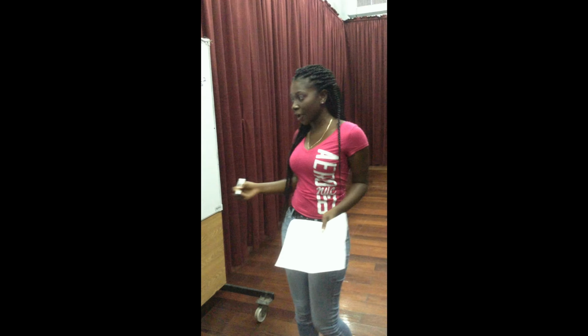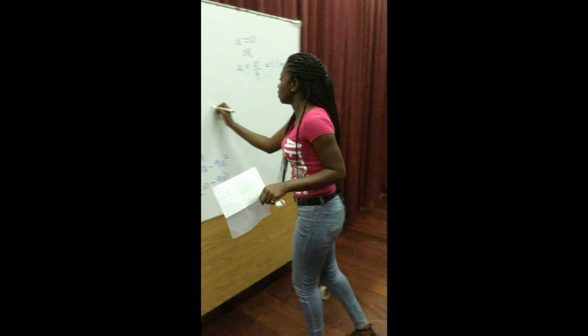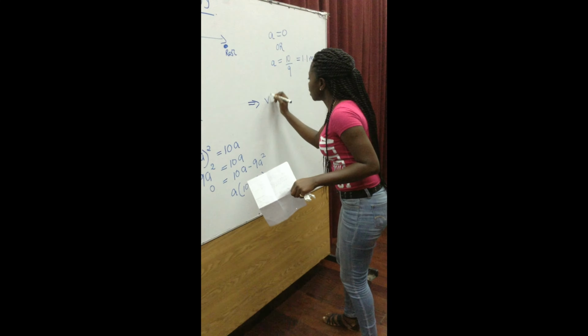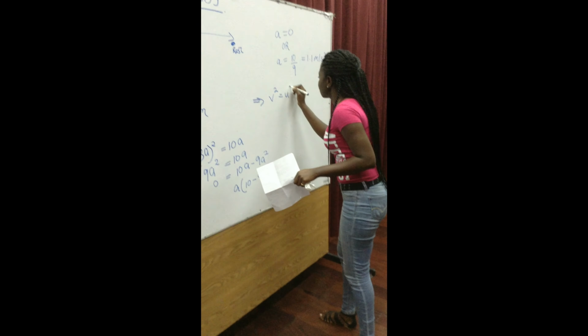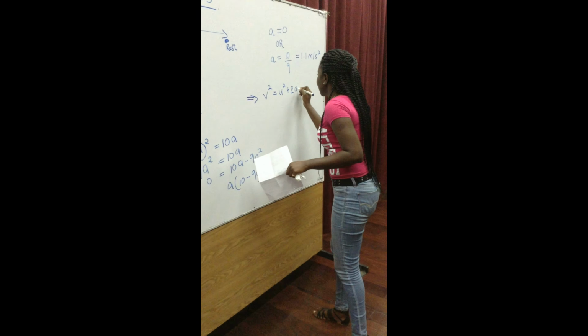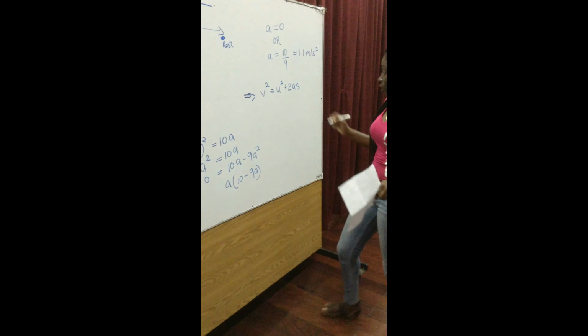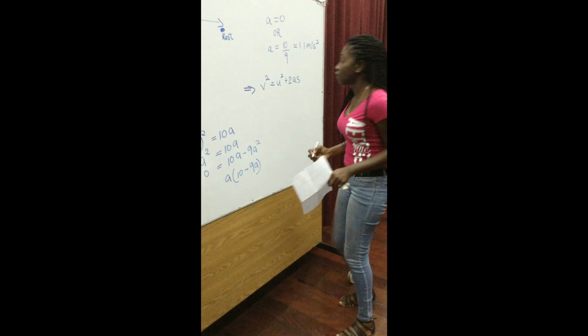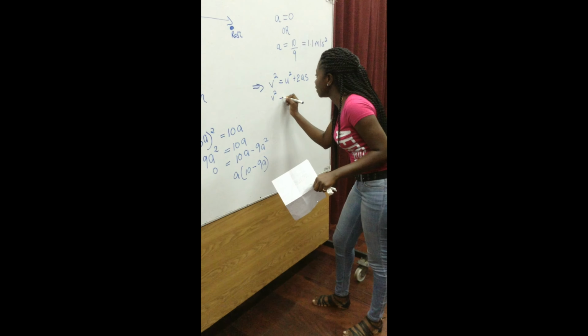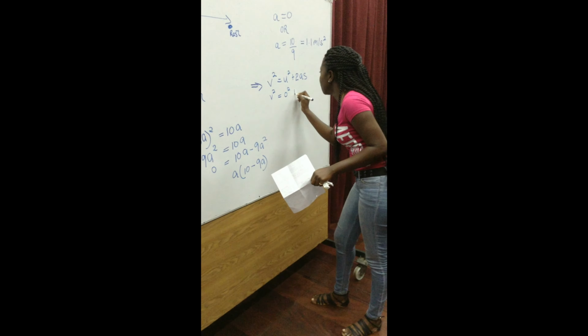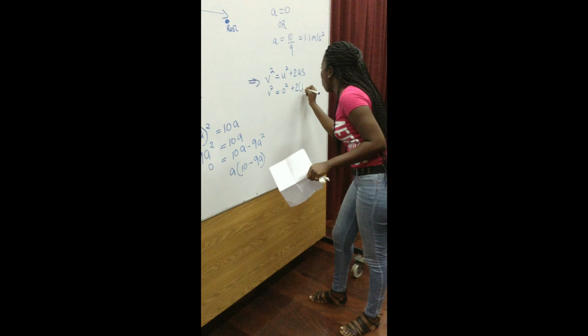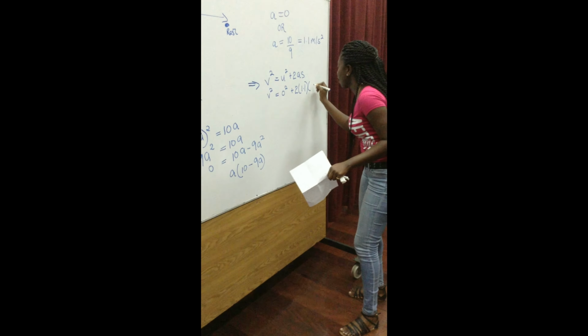Now, we know the acceleration of the car. So therefore, to derive our mathematical model to determine the speed of the car, we will be using v squared is equal to u squared plus 2as. We found a previously. So therefore, v squared is equal to 0 squared plus 2 by 1.1 by 5.